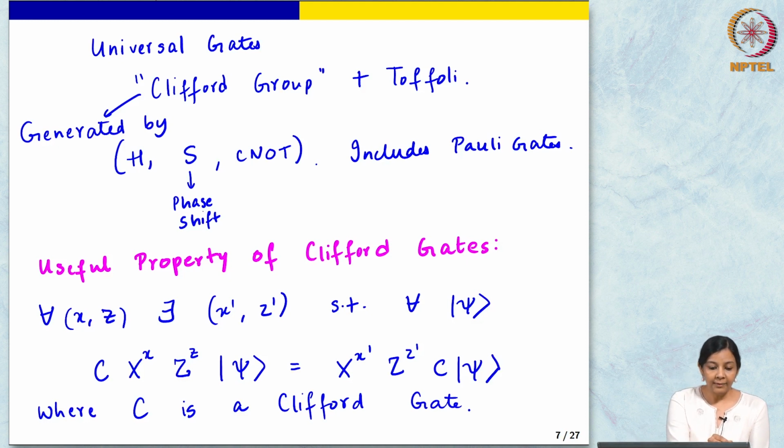So, we saw that if you apply a Clifford gate to a quantum OTP of a state, then for every OTP secret key x comma z, there is some x prime z prime which allows you to shift this Clifford operator inside. You see this, right? So, we talked about this yesterday. Is this clear to everybody?